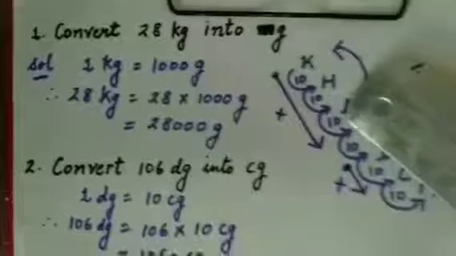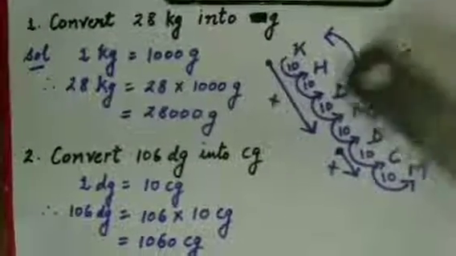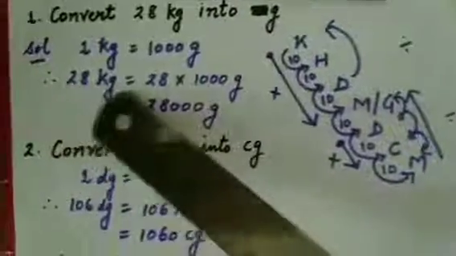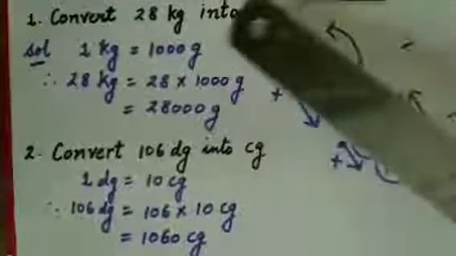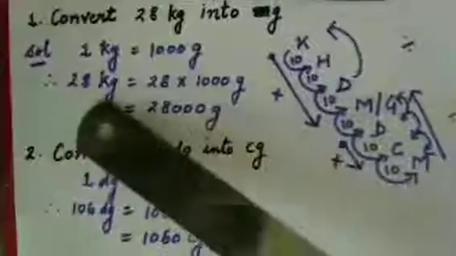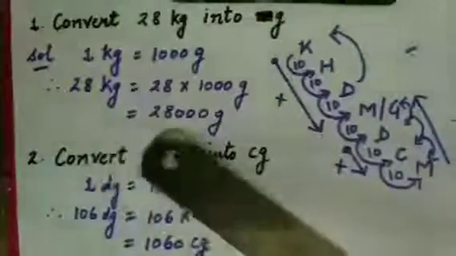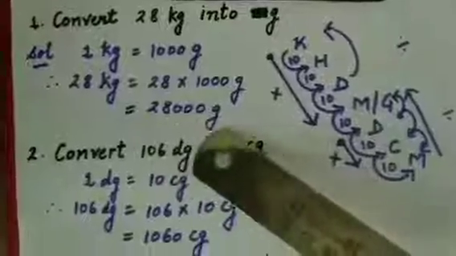So we get 1000. Thus we will multiply by 1000. We will write therefore 28 kg is equal to 28 multiplied by 1000 gram, because 1 kg is equal to 1000 gram. So 28 kg is equal to 28,000 grams.